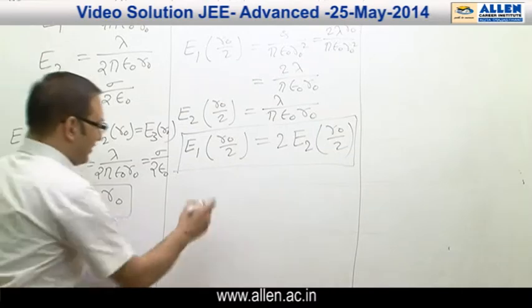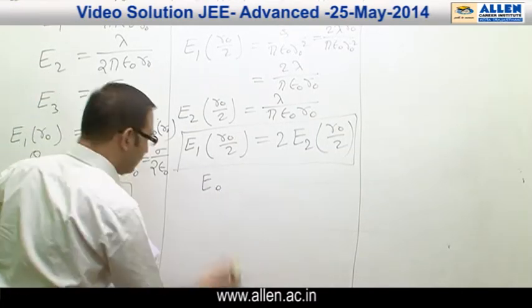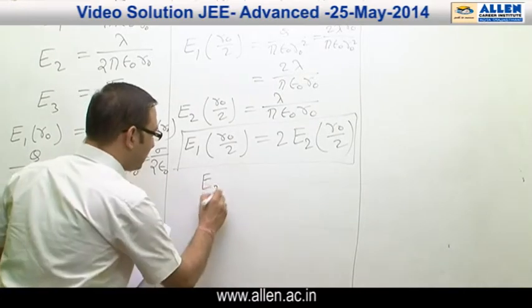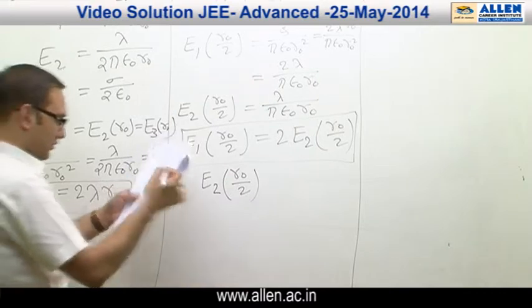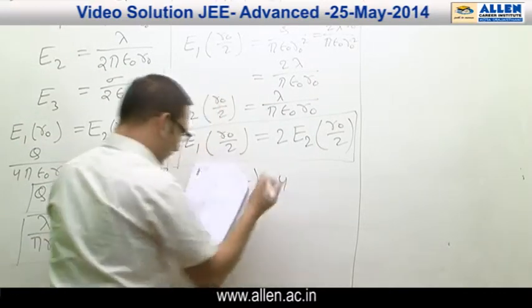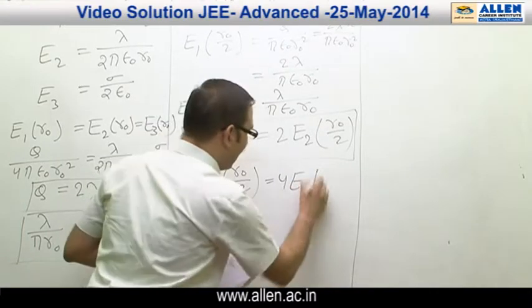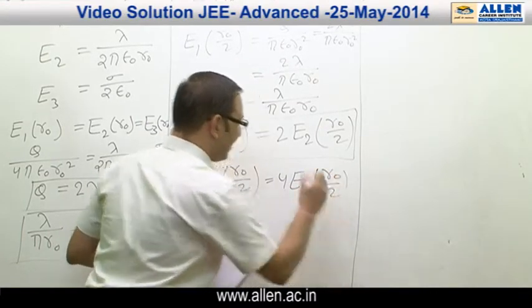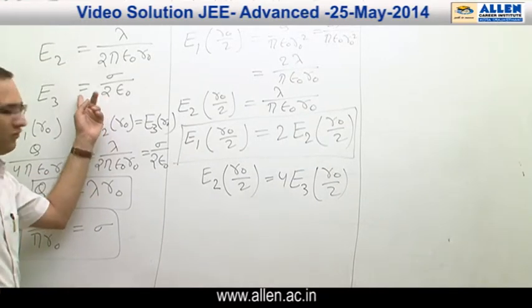In option D, it is given that E2(R naught by 2) is equal to 4 times E3(R naught by 2). But as we know, for a sheet of charge, the electric field remains constant.